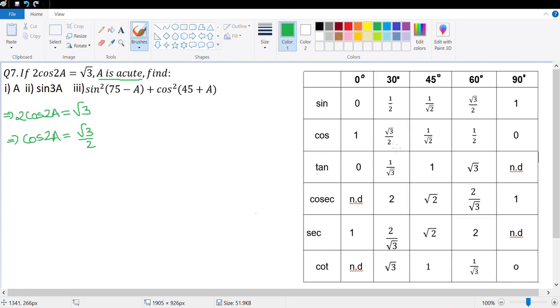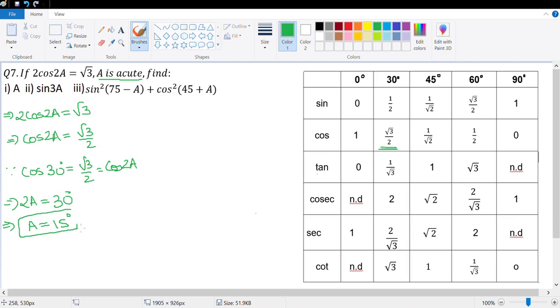Cos 30 degree is equal to root 3 upon 2. So since cos 30 degree is equal to root 3 upon 2 is equal to cos 2a, this means 2a is equal to 30 degree, which means a is equal to 15 degree. So that's the first part of our question done. A is equal to 15 degree.